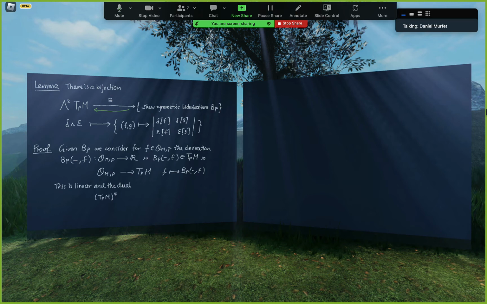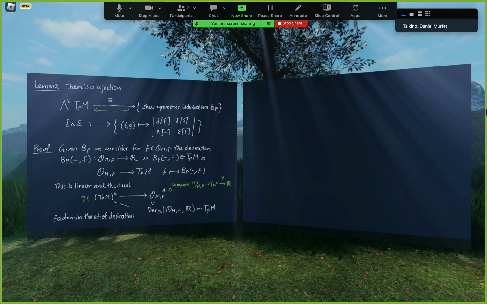Well, it goes from T_PM star to O_MP star, and it sends an eta here to the composite of the previous map O_MP to T_PM via eta to R. Well, sitting inside R-linear functionals on O_MP are the derivations, right, which is the tangent space.